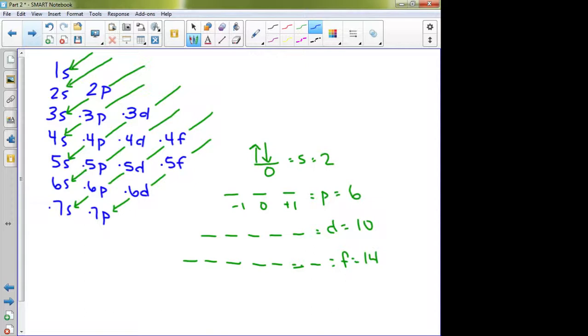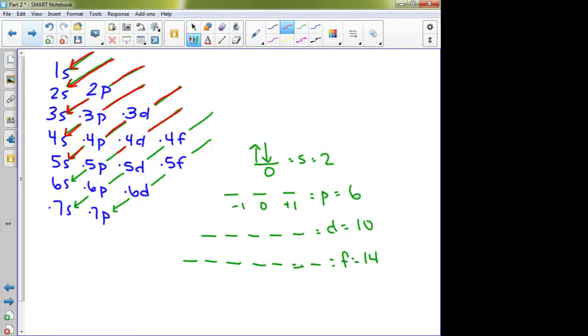Alright, so how do I know what order they're going to fill in? I draw my diagonal lines. Okay. So, 1s fills in first. Then 2s fills in. Then 2p, then 3s. Then 3p, then 4s. Then 3d, then 4p, then 5s.